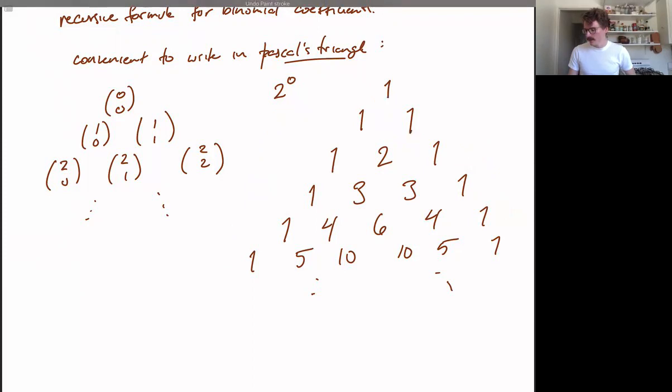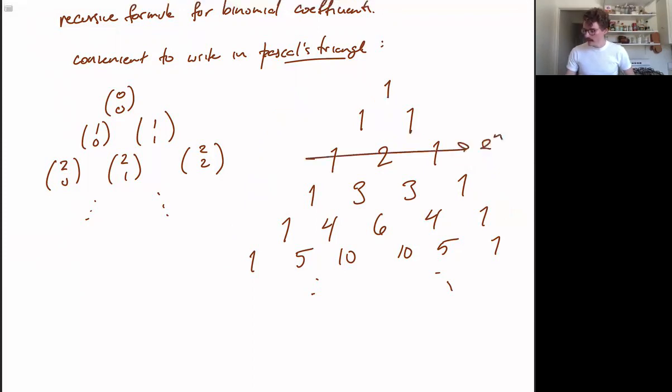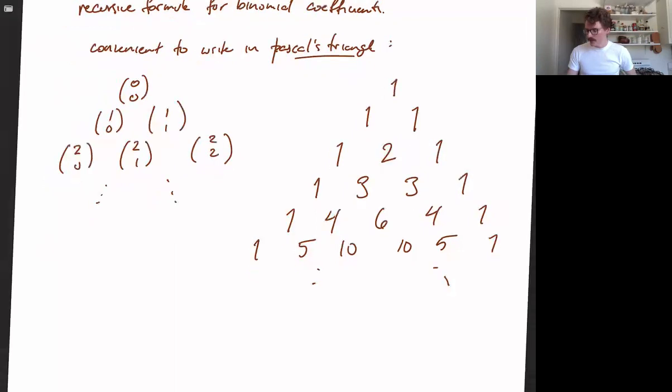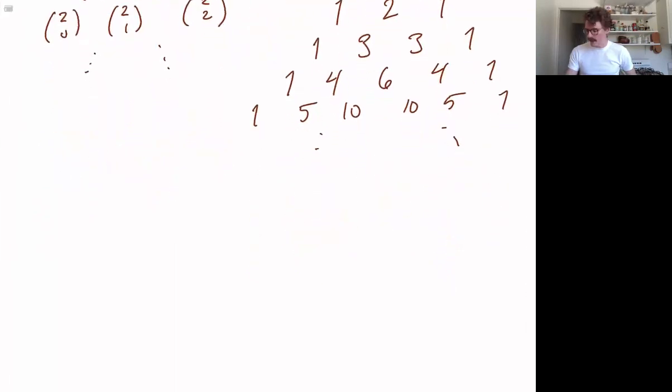For example, the rows add up to 2 to the n. You have Pascal's identity, which says that this thing plus this thing equals this thing. And there's loads more. But I want to leave it at that for now because I want to prove Pascal's identity.